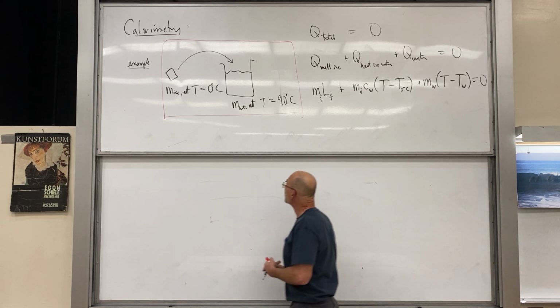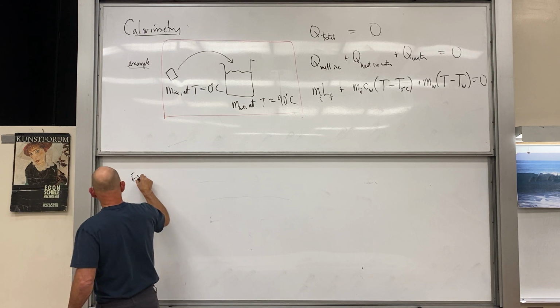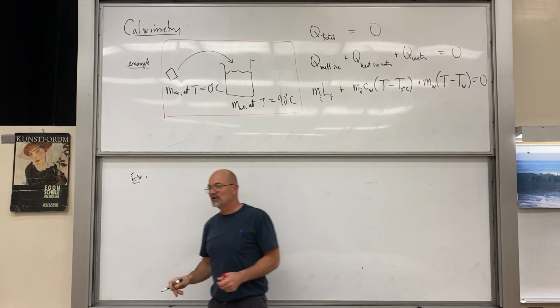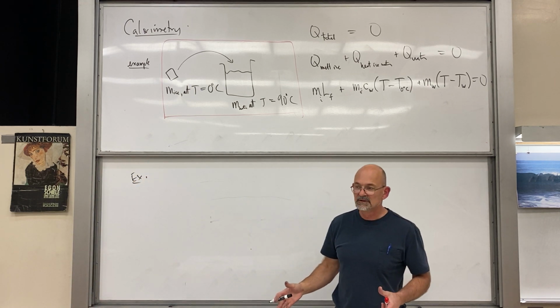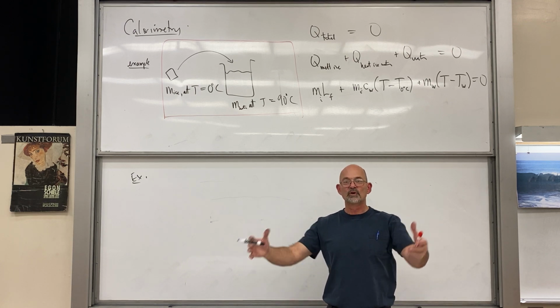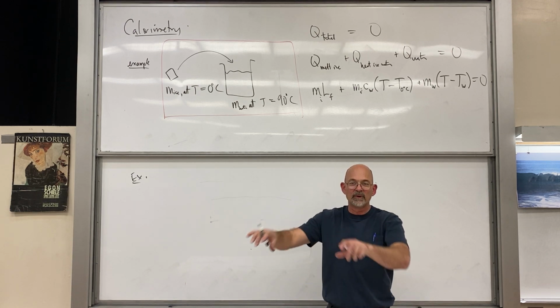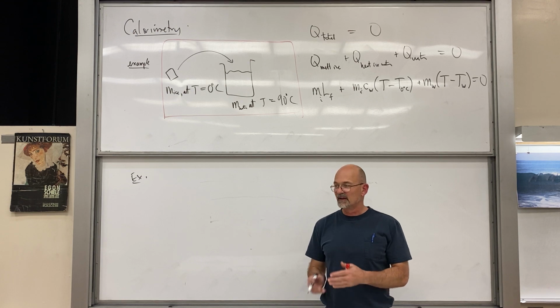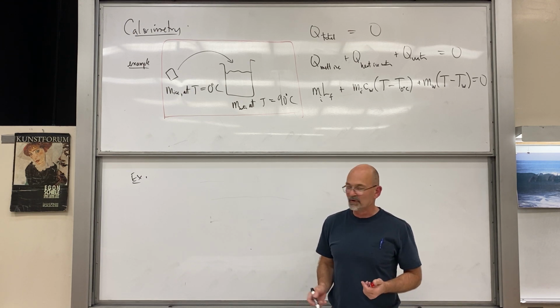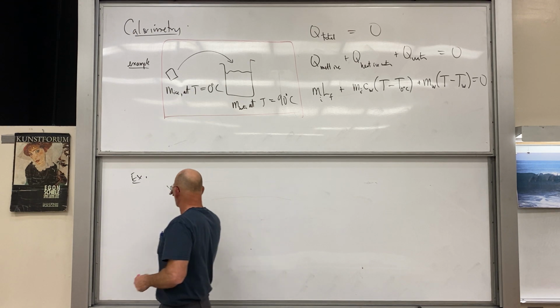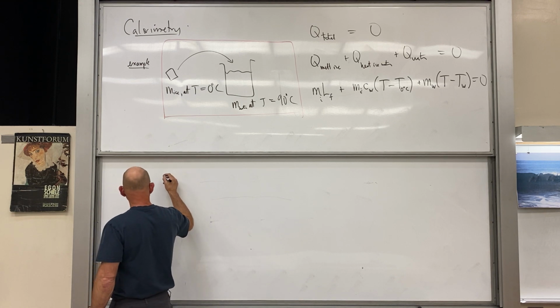For example, so here's another calorimetry example. This time I'm just going to take 2 glasses of water. One warmer, one's cooler, they're both liquid, I'm just gonna pour them in, and after they come to equilibrium, what's the final temperature?